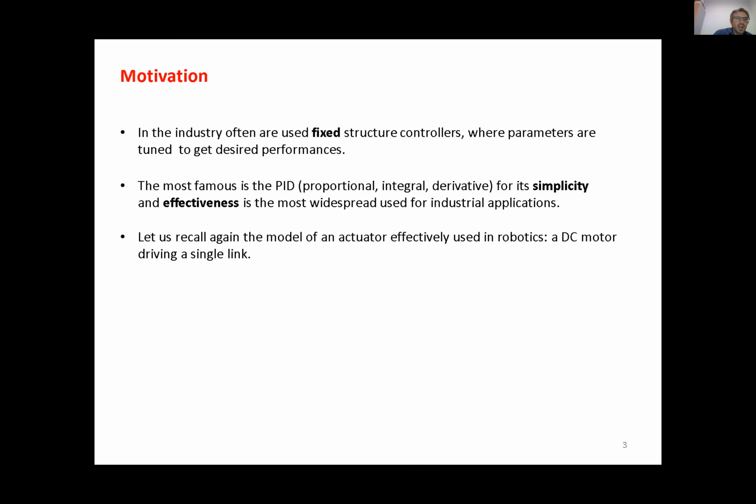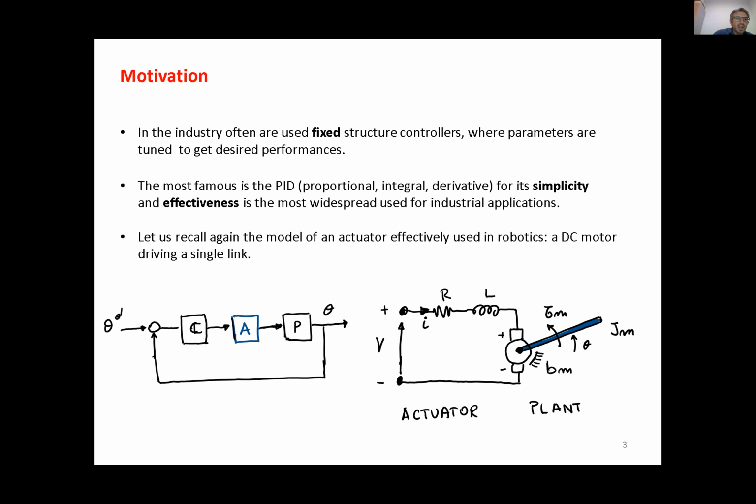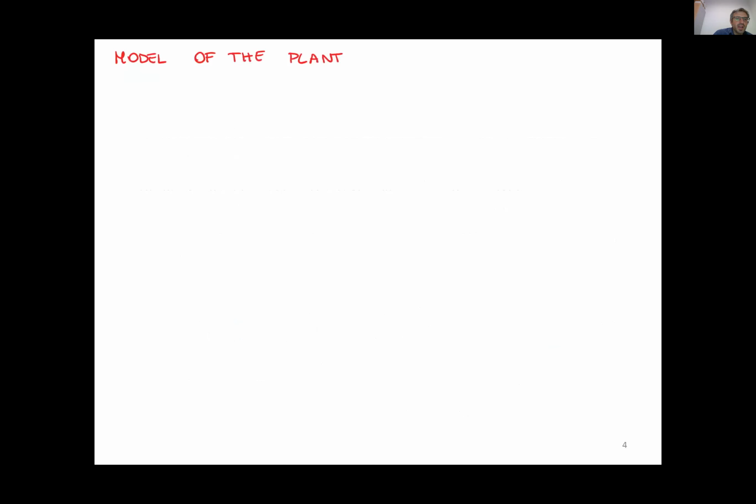To define a PID controller on a system, we can use our model of the actuated link, where we have a DC motor driving a single link, and we want to design a controller for this plant.